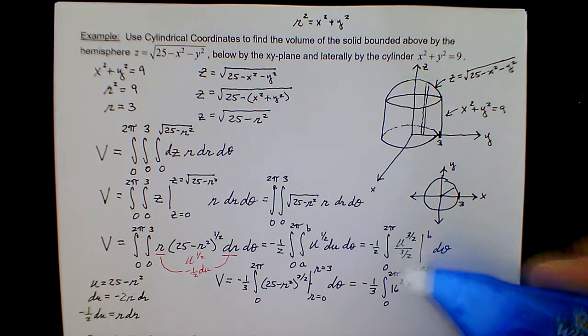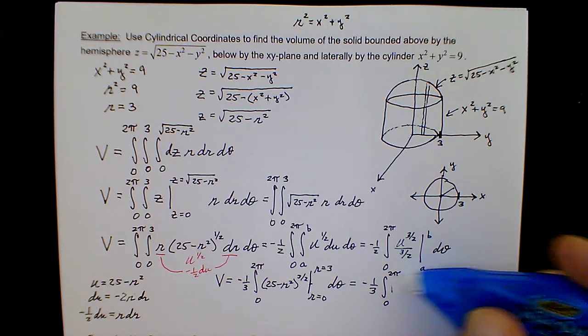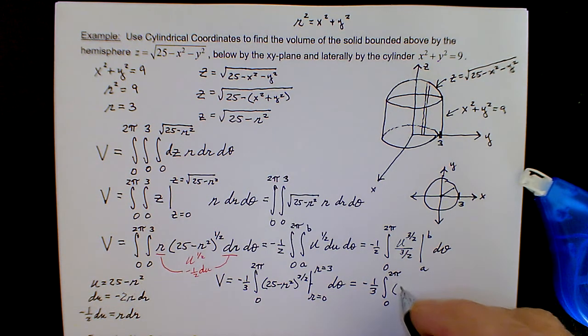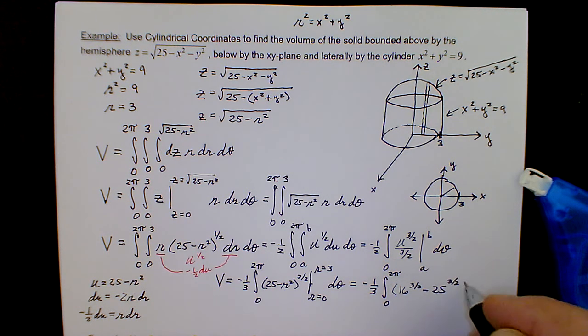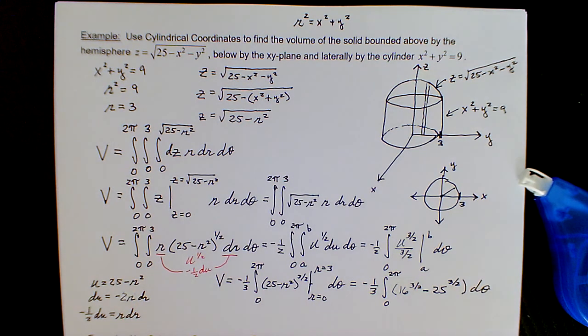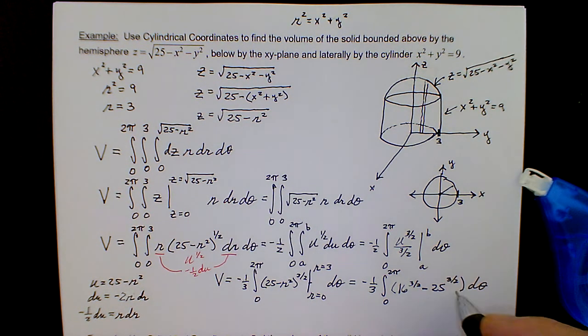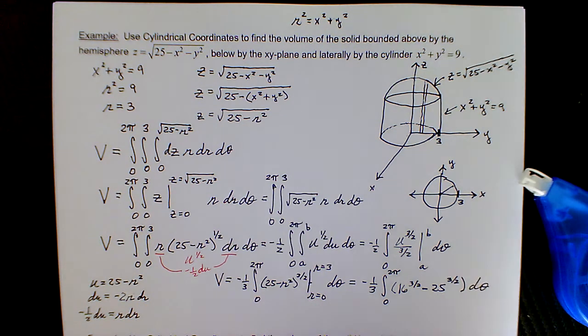Okay, so we've got to be careful here. So upper limit gives 16 to the 3 halves, but then lower limit gives minus 25 to the 3 halves. And that's with respect to theta. And so 16 to the 3 halves, use a calculator if you need to, that's 64, minus 25 to the 3 halves is 125, so that's minus 61.